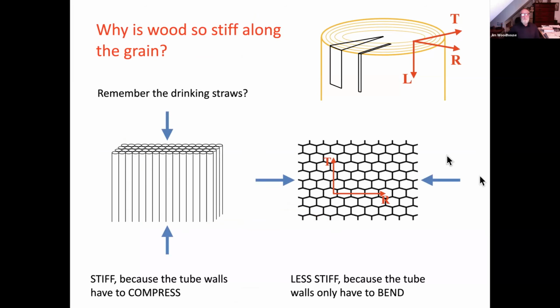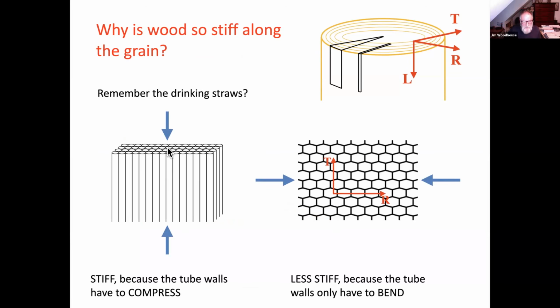Right, so why is wood so stiff along the grain direction? Well, there's a simple way to visualize this. Remember those drinking straws? I said that any softwood like spruce more or less has this structure, these long, thin-walled tubes.